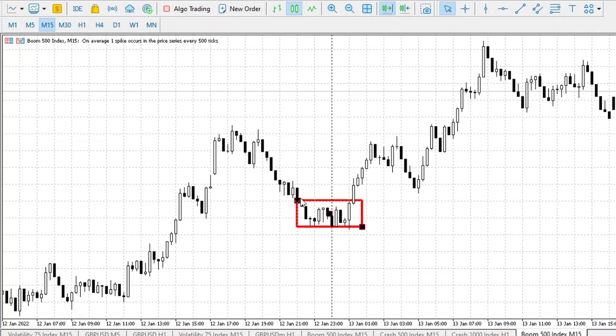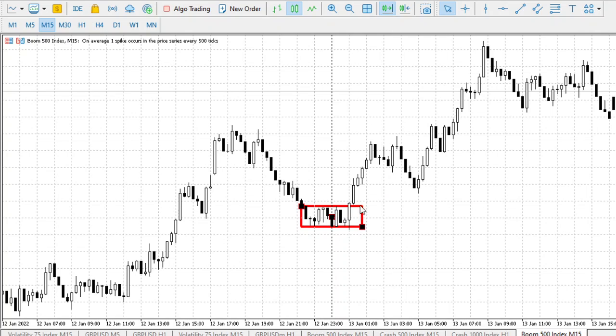As you can see in this case, the market wasn't making higher highs or higher lows. So we need the market to start consolidating. When it does, we wait for a break of this rectangle range, and once this range is broken, we then enter our buy trade.